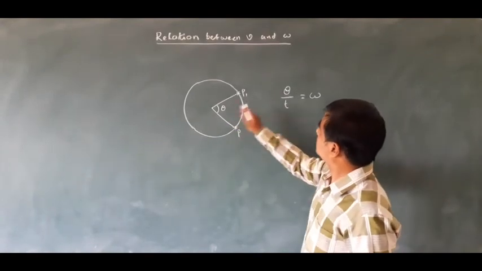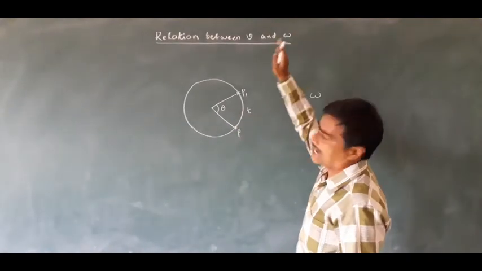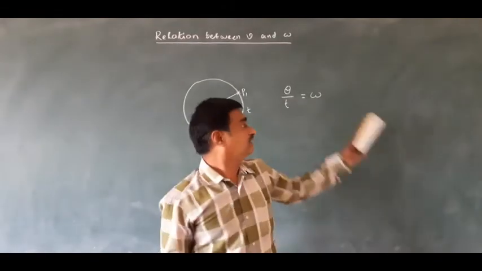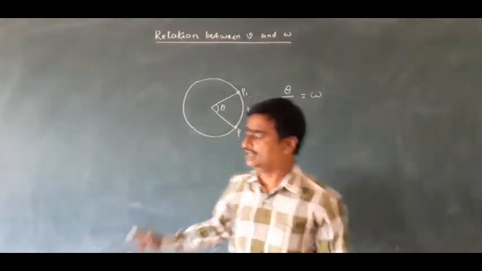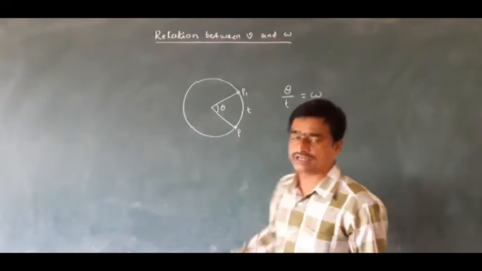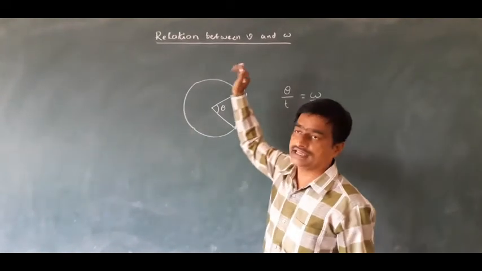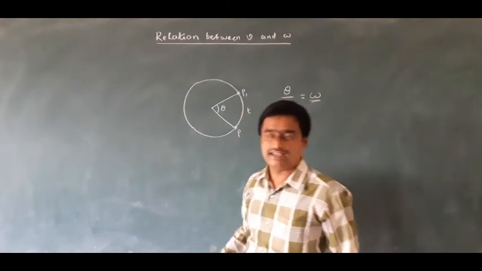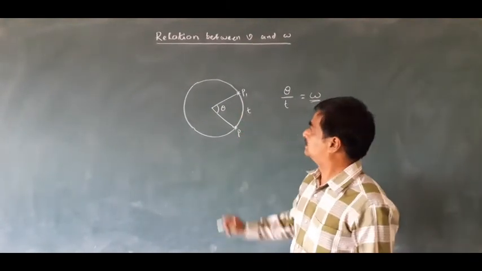The rate of angular displacement is called angular velocity. It is denoted with the Greek letter omega, not W. We see the relation between linear velocity and angular velocity in our class.